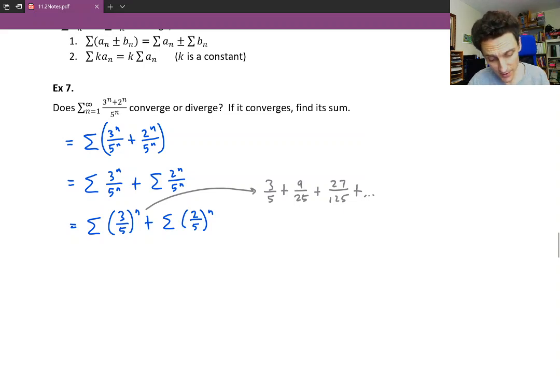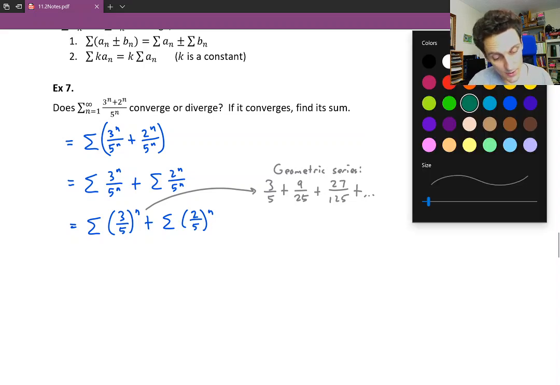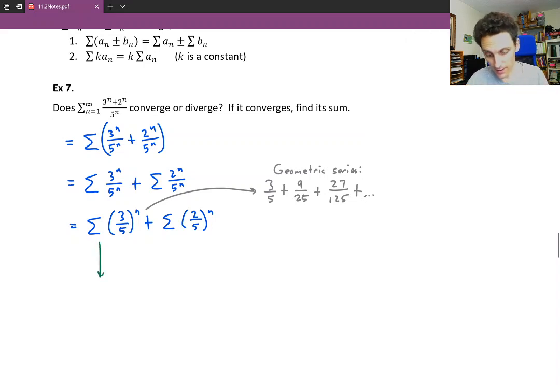So this is a geometric series. It's a geometric series with a equals the first term, which is 3/5. r equals the common ratio. That's the thing that you're multiplying by to get the next term, which is also 3/5.